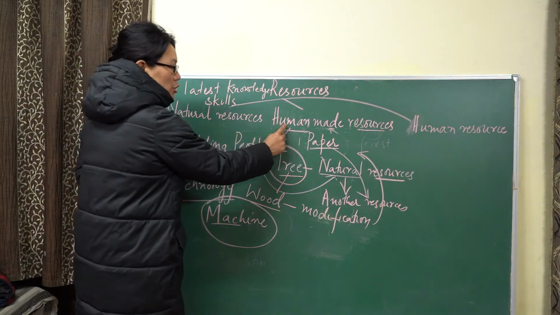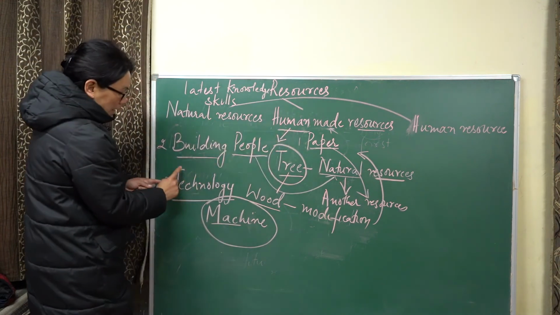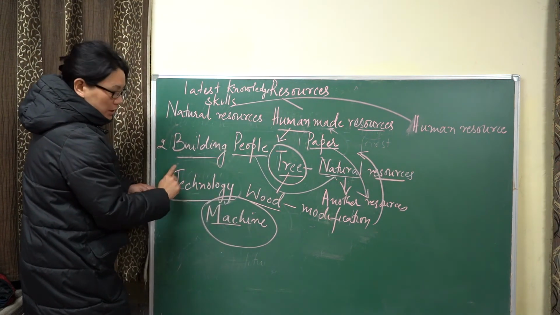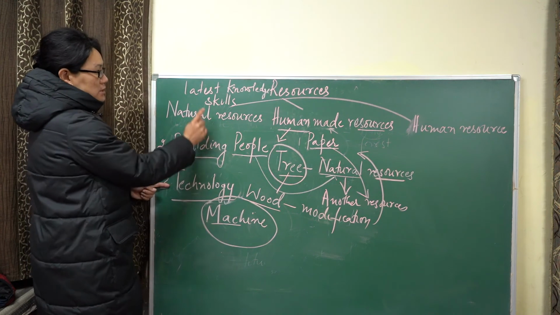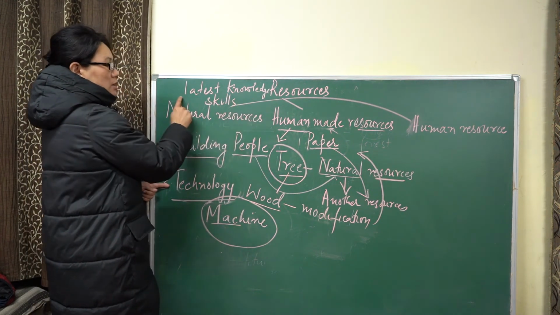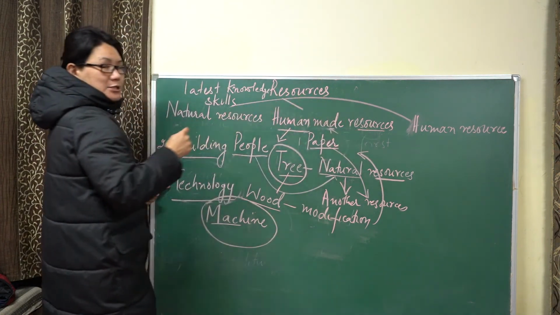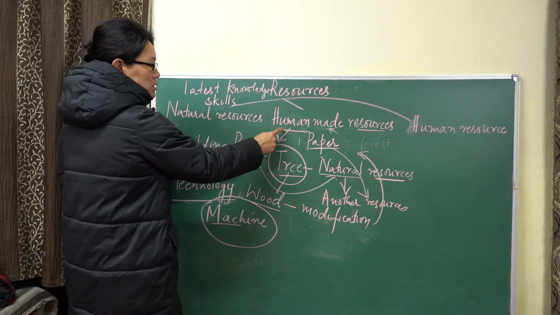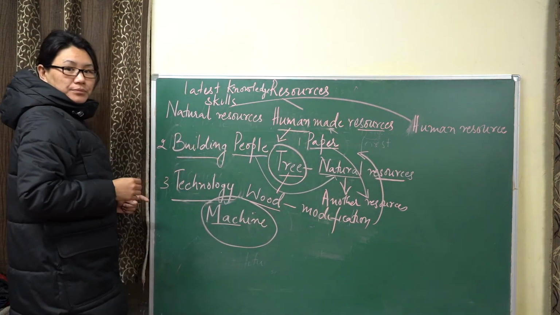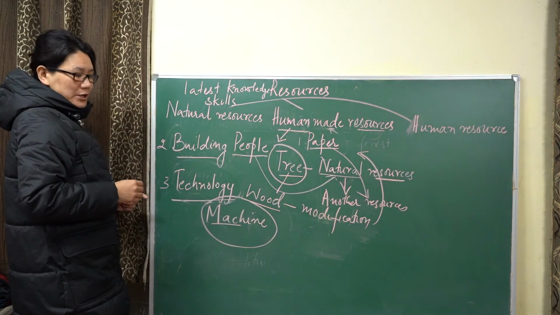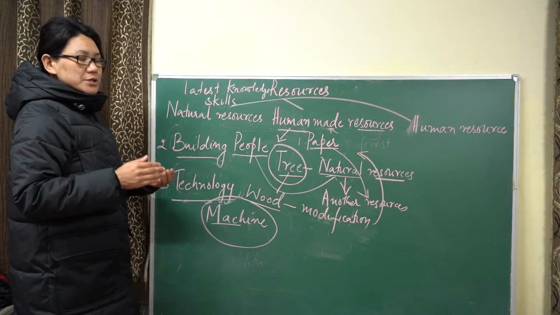Right. Now see here, human-made resources. In this, human beings are using technology, which means they are using their latest knowledge, they are using their skills for producing resources. So that will also be called as human-made resources. Alright? Okay. So this is about human-made resources.